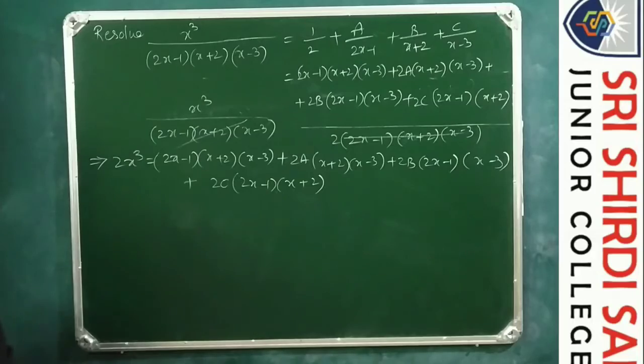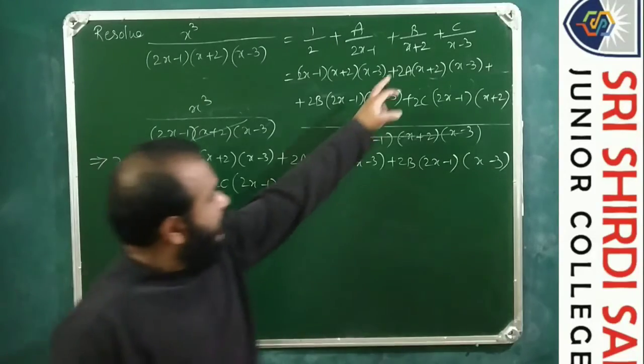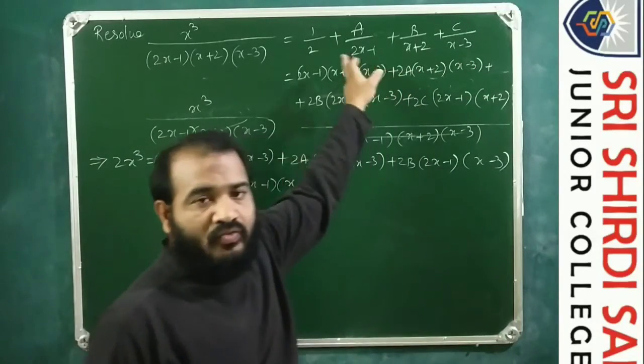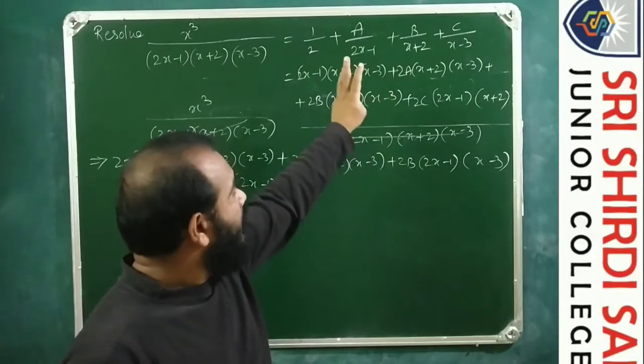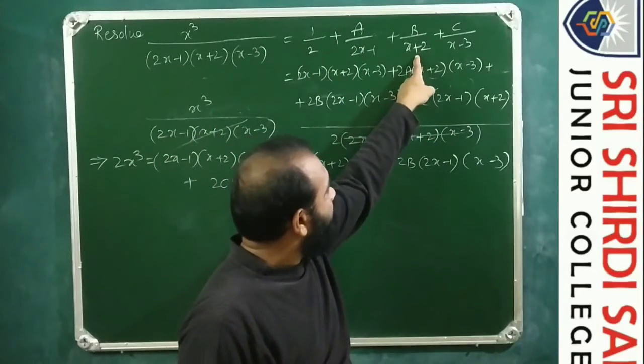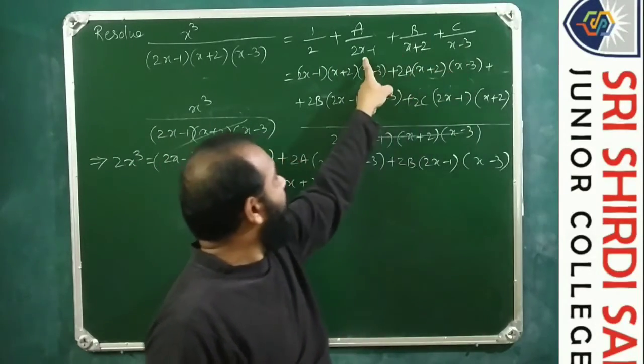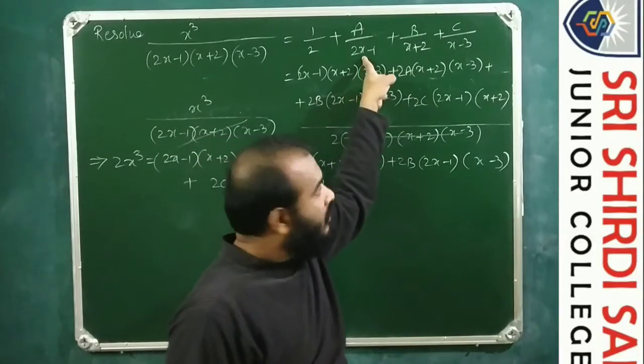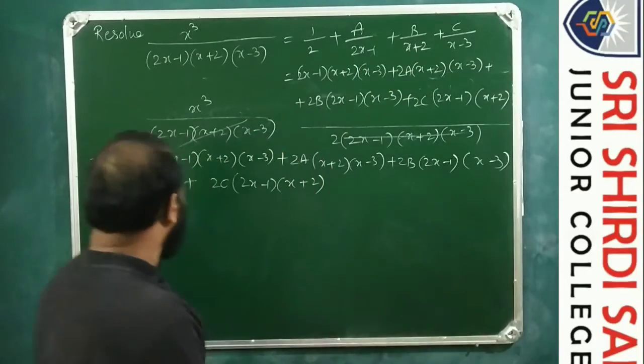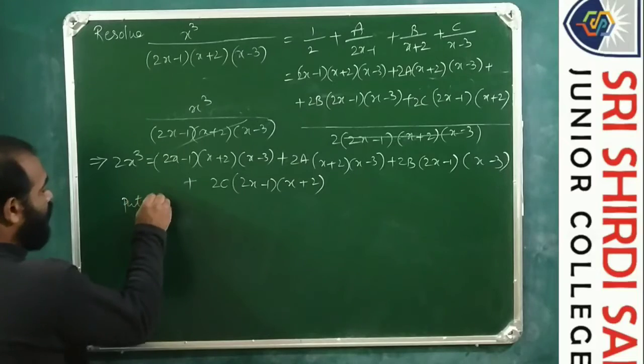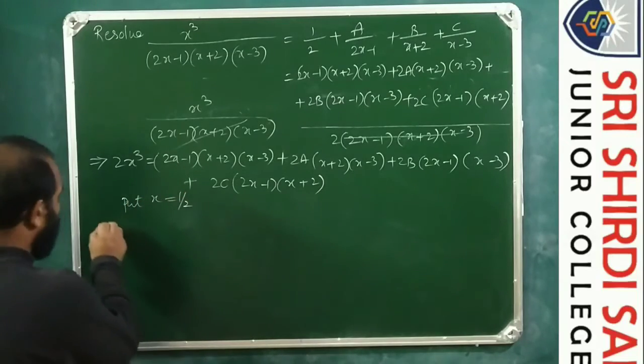Now x plus 2, x minus 3, 2x minus 1 are the three linear factors. So x equals minus 2, x equals 3 and x equals 1 by 2 we are substituting. Put x equal to 1 by 2.